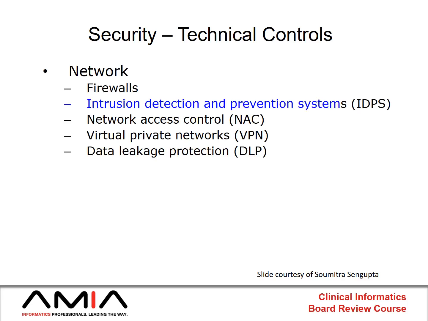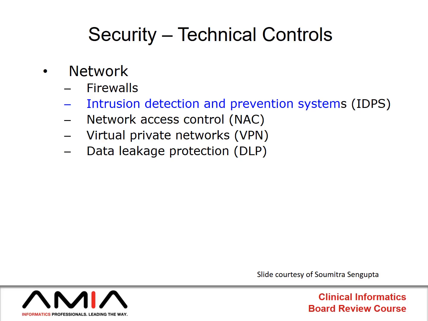First of all, firewalls now is familiar to you. But intrusion detection and prevention systems, IDPS, may not be familiar to you. These permit the team to be aware of attempts to penetrate secure systems and networks.